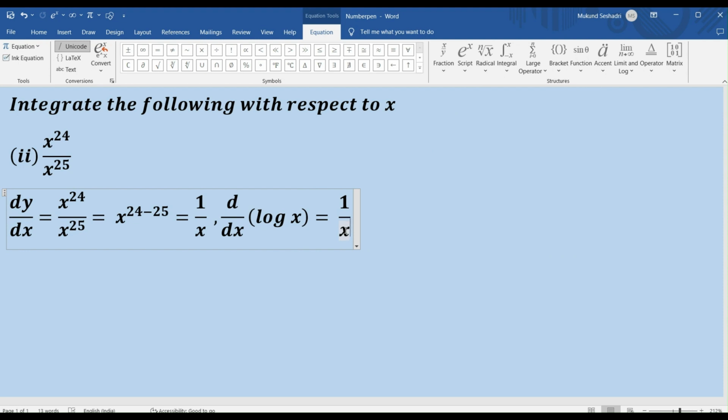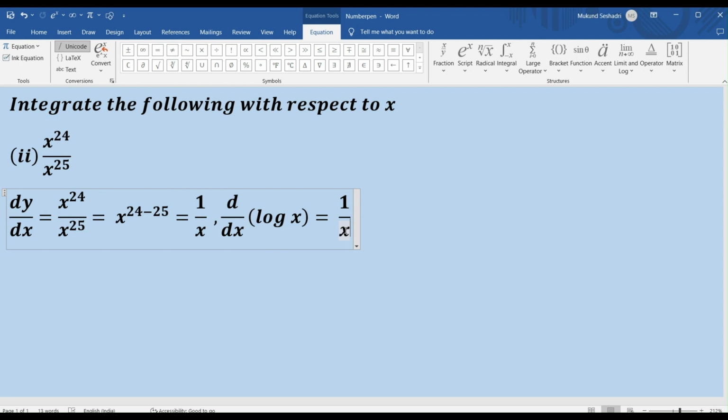And imagine if I had log x plus, say, 5, still I would get d by dx of log x plus 5 equal to 1 by x. And suppose it was log x plus 10, then again my d by dx of log x plus 10 is 1 by x, because my d by dx of a constant 10 is 0.